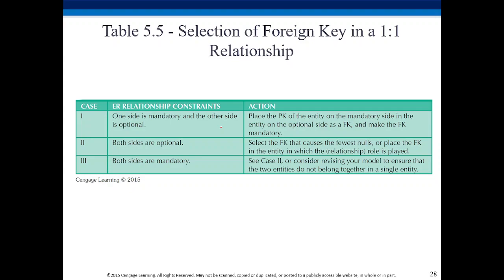If both are optional, the action is to select the foreign keys that cause the fewest nulls, or place the foreign key in the entity in which the relationship or role is played. When both sides are mandatory, as in case 2, consider revising your model to ensure that the two entities do not belong in a single entity.